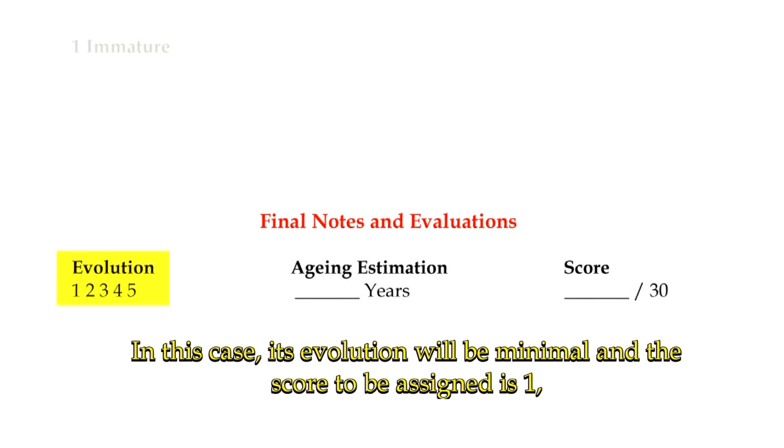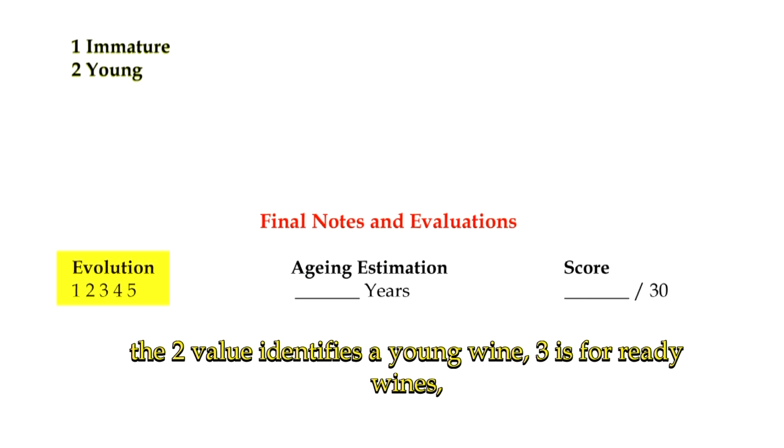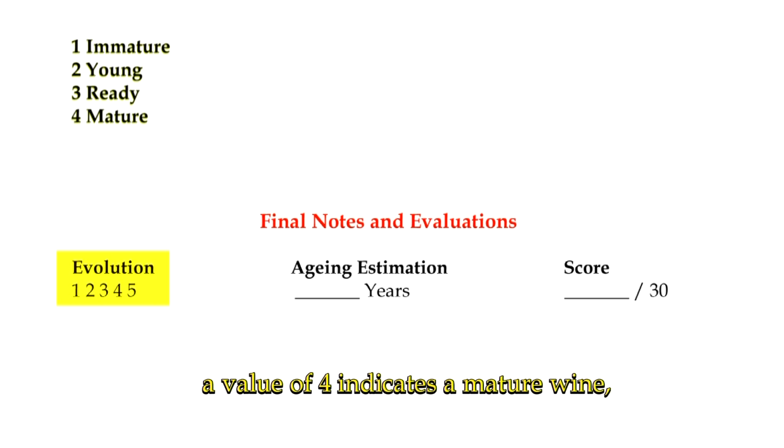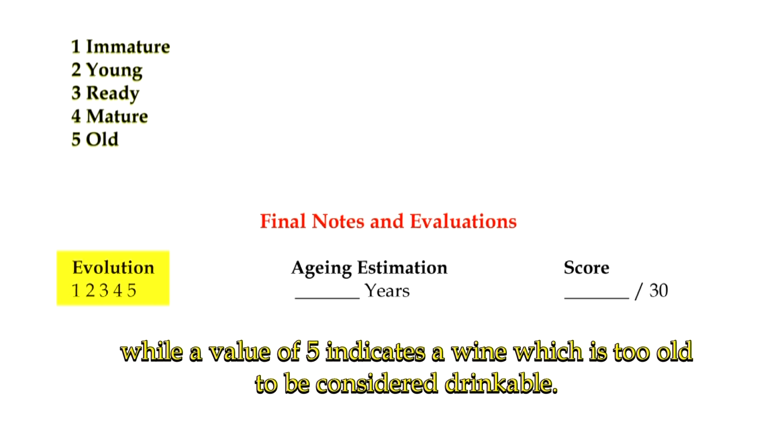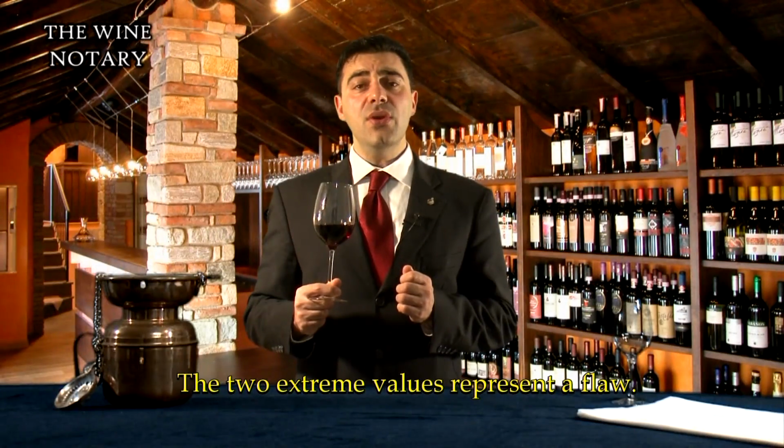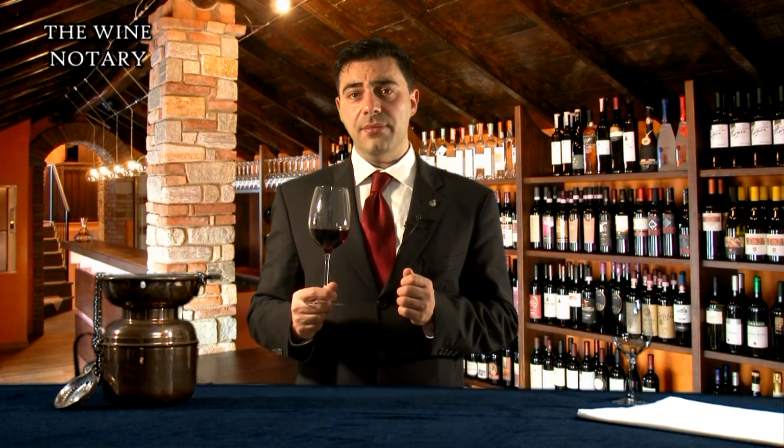In this case, its evolution would be minimal and the score to be assigned is 1. The value 2 identifies a young wine, 3 is for ready wines, a value of 4 indicates a mature wine, while a value of 5 indicates a wine which is too old to be considered drinkable. The 2 extreme values represent a flaw.